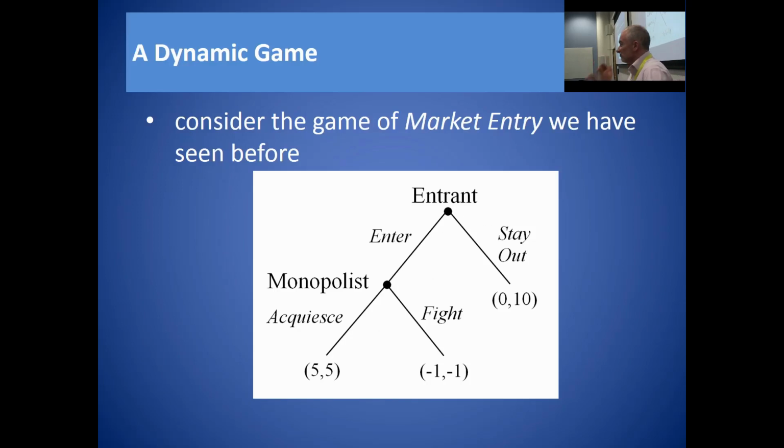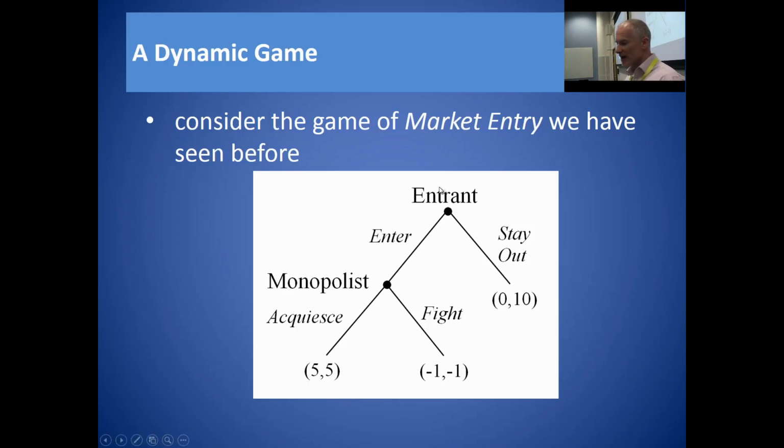The payoffs reflect that. The only slight difference, and maybe this will make it a little bit easier for you, is that I've assumed there are potential profits in this industry of 10. So, if the potential entrant enters the market and the monopolist acquiesces, they will split this potential profit equally. They'll both get 5.